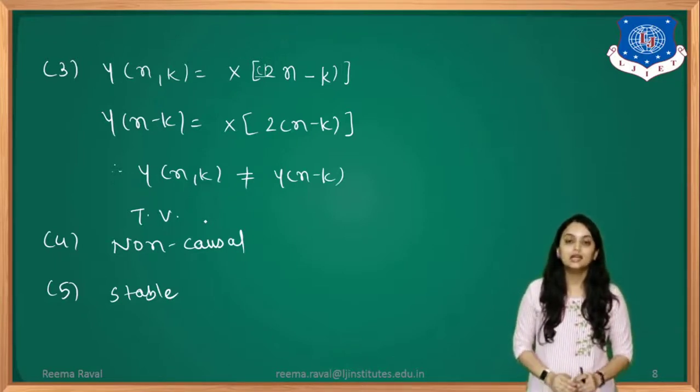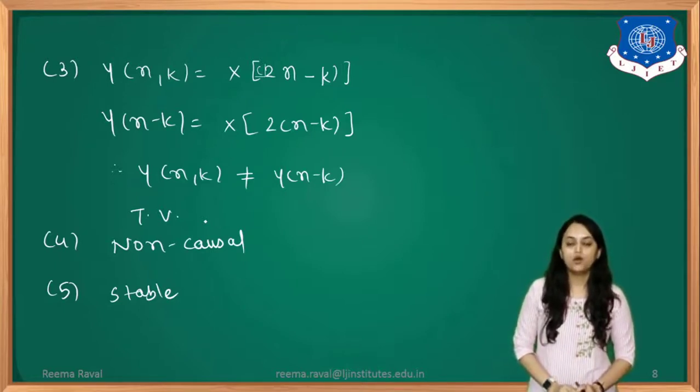And we know that if the system function includes future values, it is a non-causal system. And the last one is stable or unstable. Here, the system is a stable system because it satisfies the bounded input, bounded output condition. That means for a finite set of input values, the output will be finite.